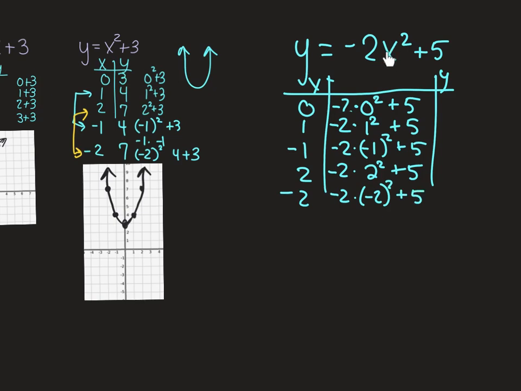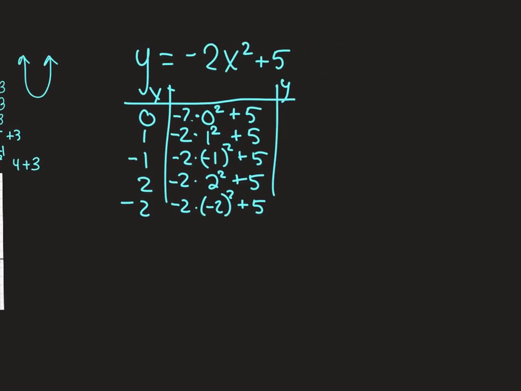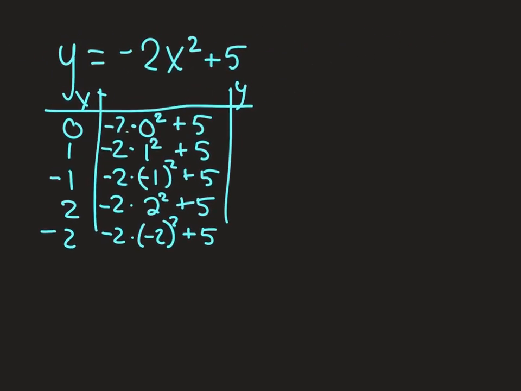So I just kept replacing the x with each of these numbers. I stuck a 0 in, I stuck a 1 in, I stuck a negative 1. Notice that when I did the negatives, I kept parentheses around it because that's actually important. It creates a whole different answer if you don't do that.